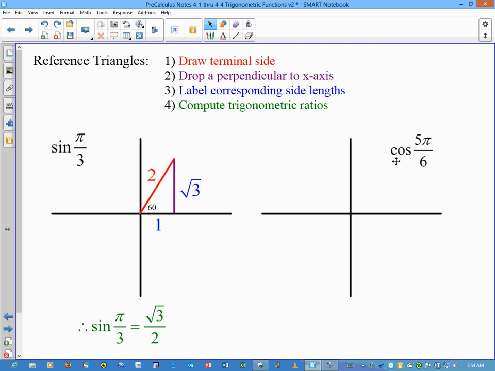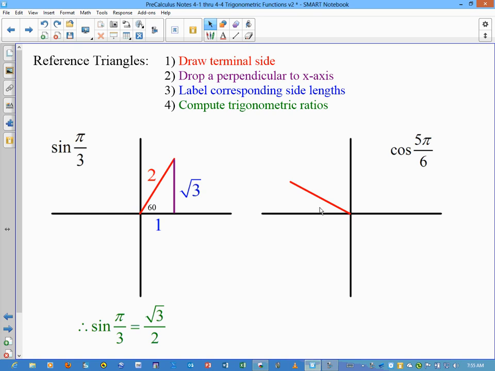Now for 5 pi over 6, for example, we're dealing with something not in quadrant 1, and let's see how we deal with that. Since I know pi is all the way over to this side, 5/6 of pi would be almost reaching pi. It would be 1 more sixth until we get to pi.